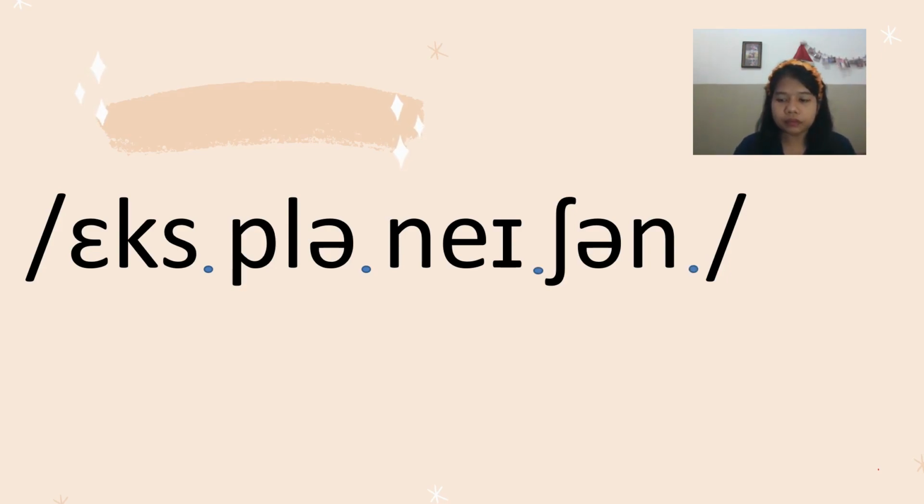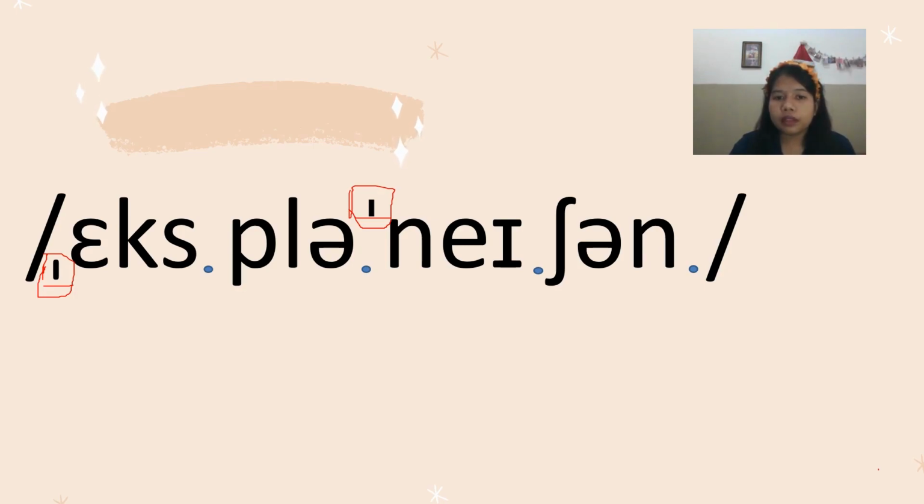Explanation. And also it comes with this. What are those? As I mentioned before, those are the symbols of stress. The one that looks like an apostrophe is the symbol of the primary stress, and the vertical line, this one, is the symbol for secondary stress.